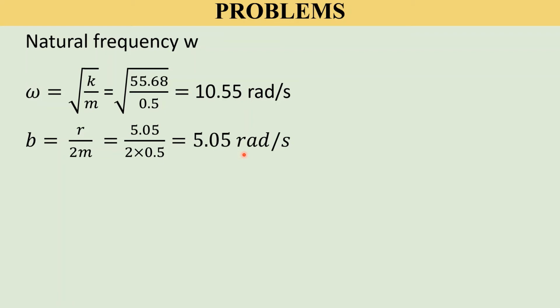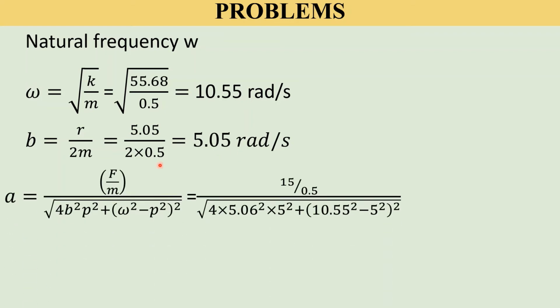The equation for the amplitude is F by m divided by square root of 4b squared p squared plus omega squared minus p squared whole square. So this is equal to F is 15, m is 0.5.